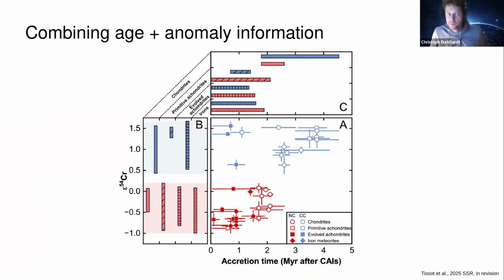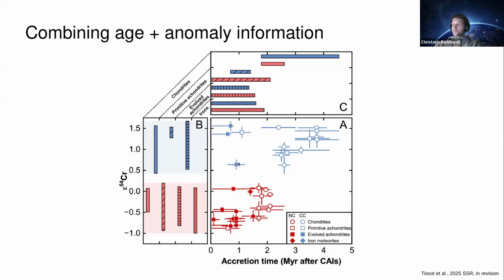It's a busy plot, but I'll walk you through. So what we have on the y-axis is isotope anomaly here in chromium-54. And what we have on the x-axis is accretion time of these bodies. And again, each point in this plot here displays one distinct parent body.